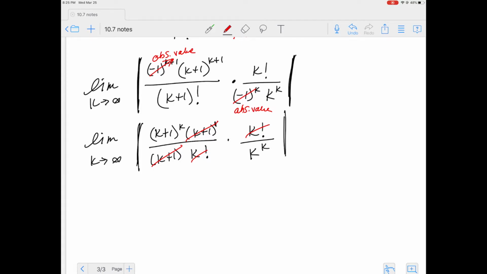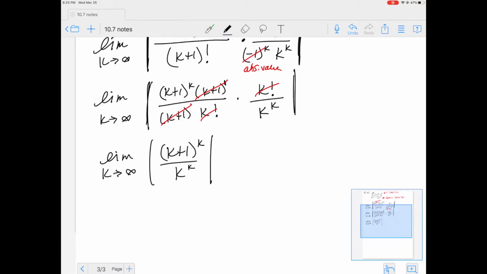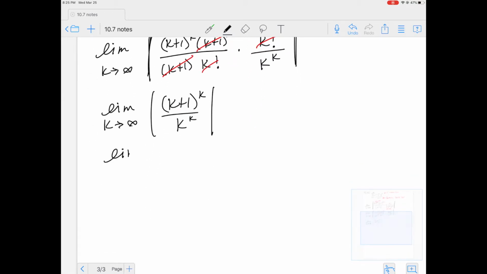So now I have the limit as k approaches infinity of k plus 1 to the k over k to the k. Do you see this? Now both the numerator and the denominator are to the same exponent, so you could put that all into the same set of parentheses.